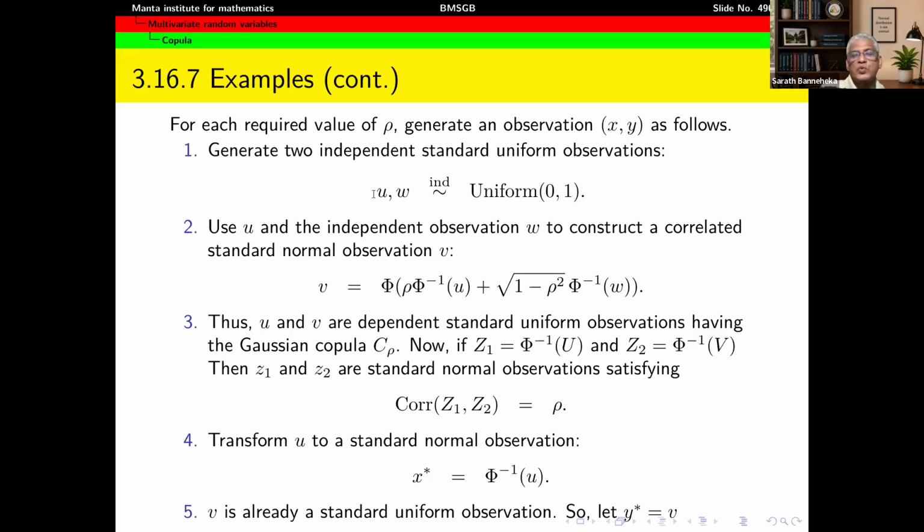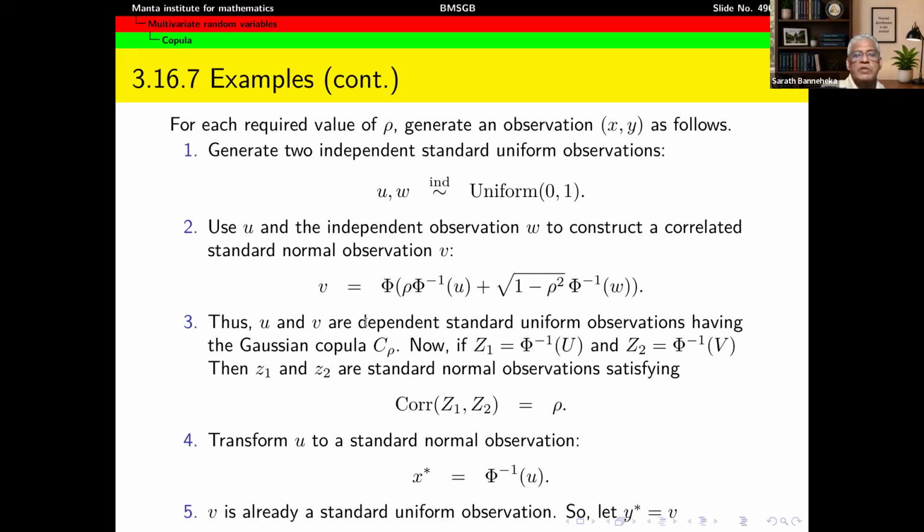Here we use this U and W to create V, where this V also, according to this generation, will be uniform, and there will be a correlation between U and V. That correlation between U and V will not be the same as rho. It will be something different, but still U and V will be correlated.